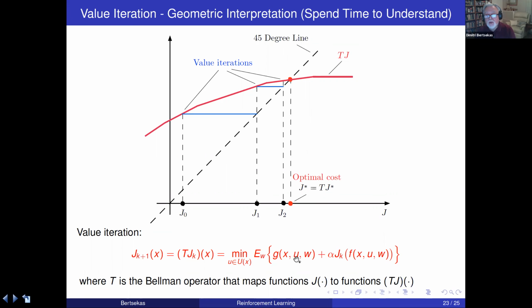For every given policy, this expression here is linear. We take the minimum over all controls or over all policies, and that's why we have this piecewise linear and concave structure. Basically, for every policy, there's a linear function here. You take the minimum over all policies and you get a piecewise linear function, which is concave.